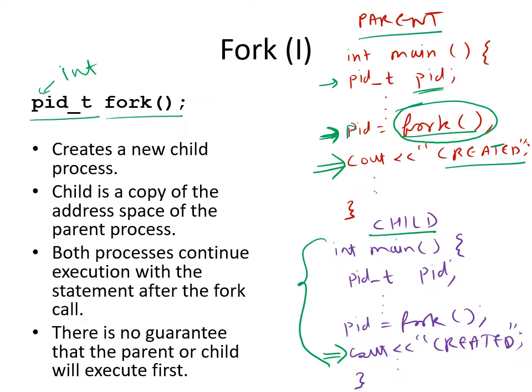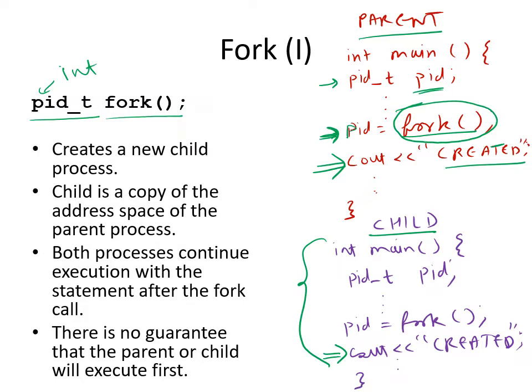Another thing you should realize about the execution of parent and child process is that once the child process is created, there is no guarantee about the ordering in which these two processes are executed. The child process is an independent process. Both parent and child can execute concurrently.